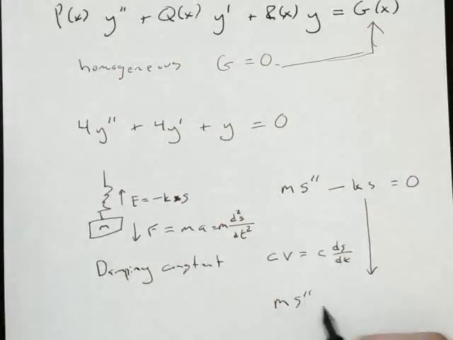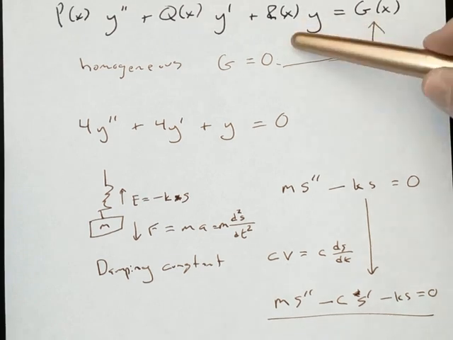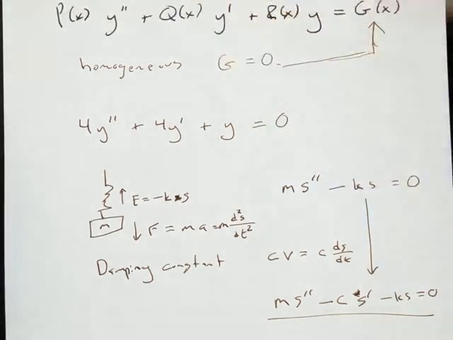And all of a sudden my equation changes. And look at that. I have a second order differential equation. And it's got constant coefficients. It's linear, it's homogeneous, it's exactly this kind of equation with numbers there.